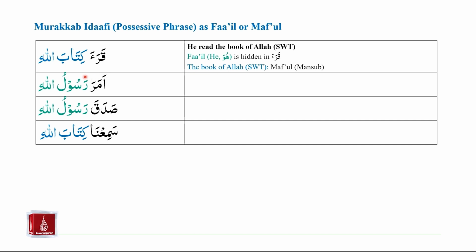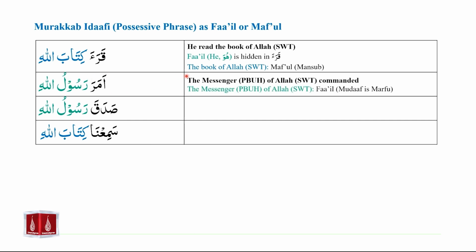Amara Rasulullahi. The messenger, peace be upon him, of Allah subhanahu wa ta'ala commanded. In this example, Rasulullahi is the fa'il. Rasulullahi is mudaf ilayh combination, and the mudaf is marfu, which makes the murakkab izafi marfu. And because the murakkab izafi is marfu, it qualifies to be fa'il.